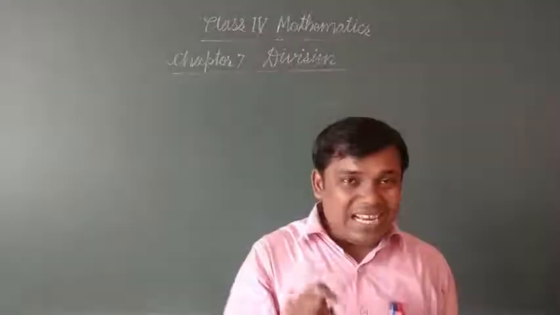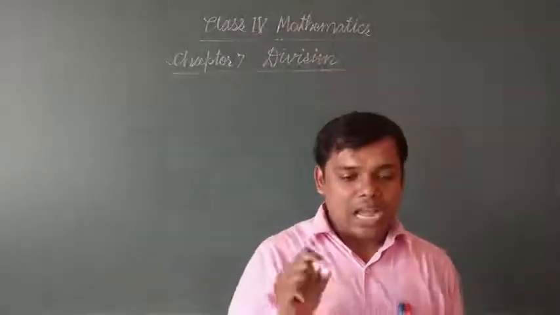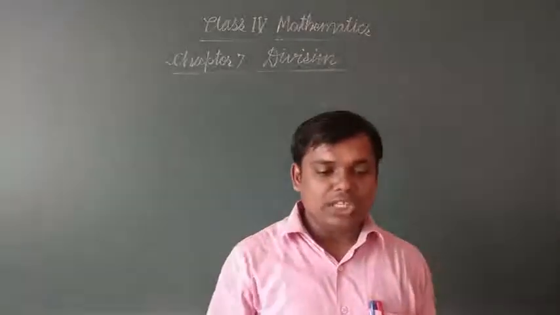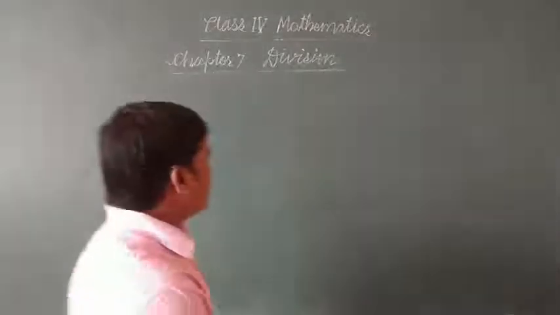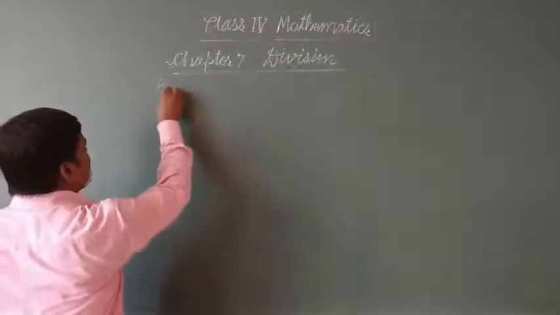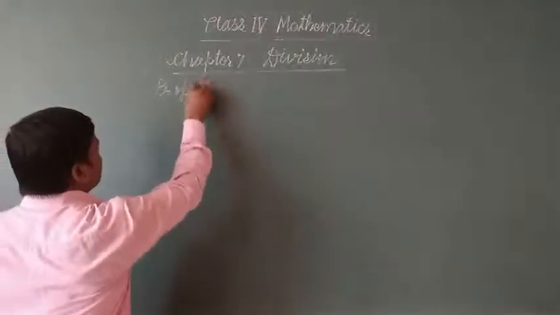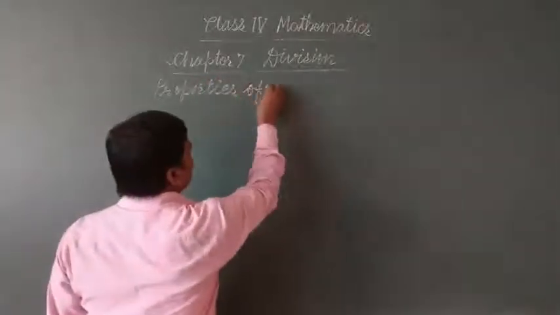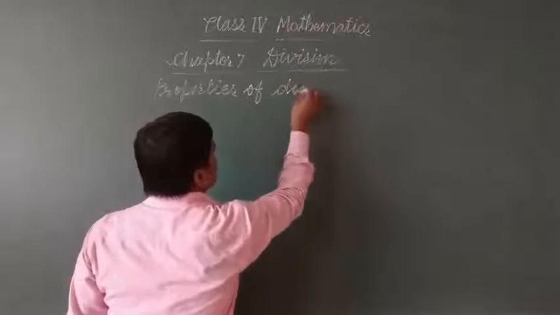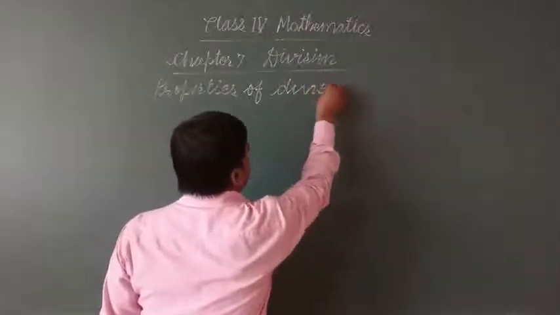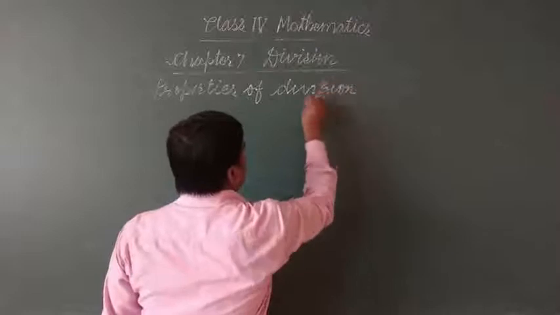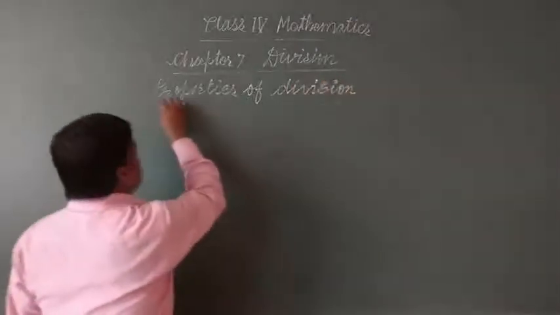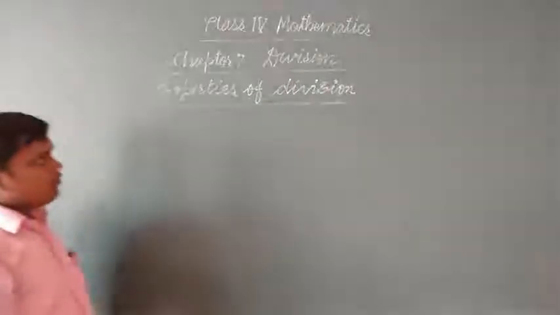If the dividend is 0 and divisor is a non-zero number, the quotient is 0.